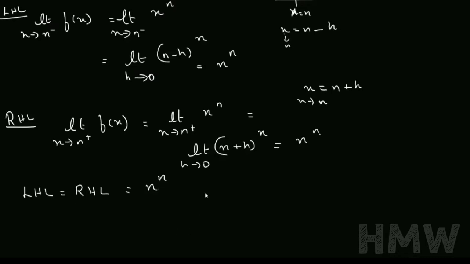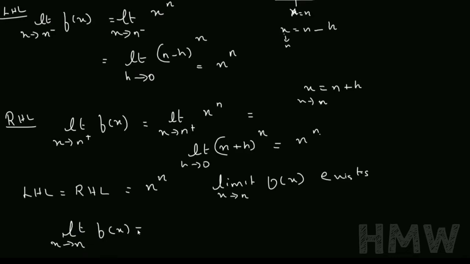So the limit value exists. The limit x tends to n of f of x exists, and that is equal to n power n.